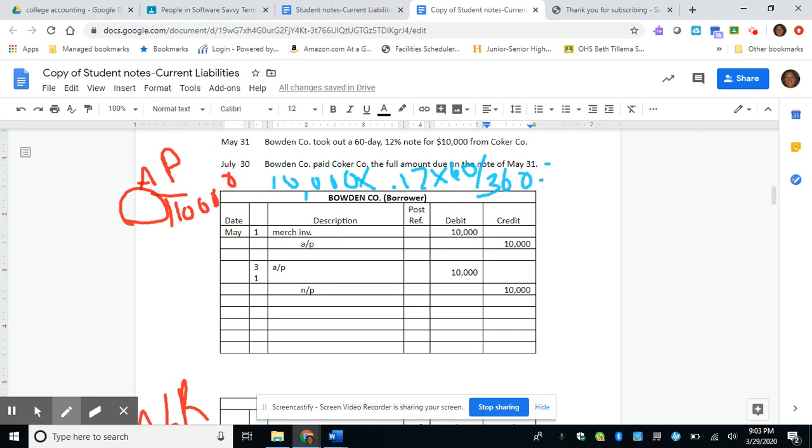So you multiply that all out, and that is going to give you $200. That's how much interest we were charged.